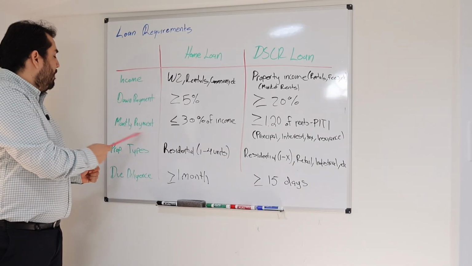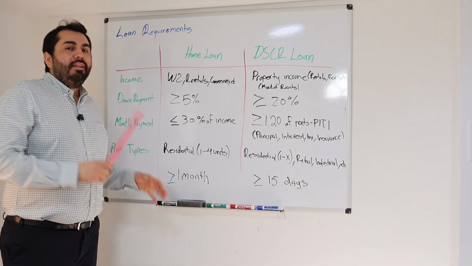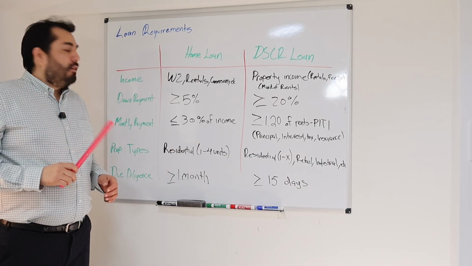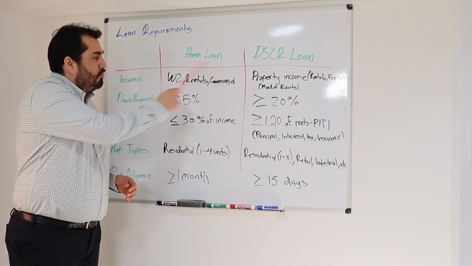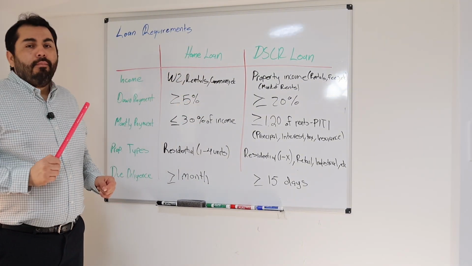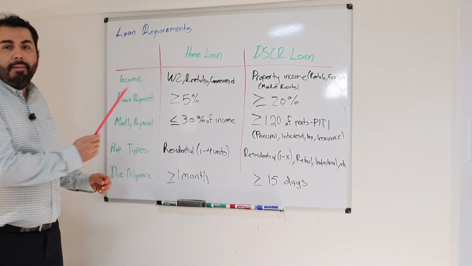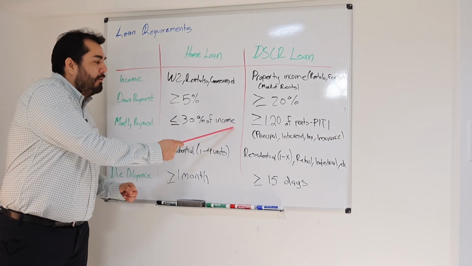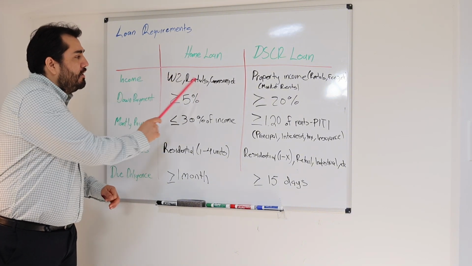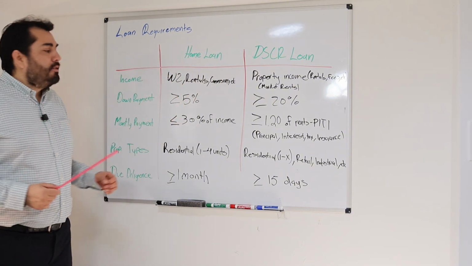Okay, for the monthly payment, usually the bank takes not more than 30% of your total income to approve your loan on this home loan. That includes your salary, your rentals, or the commissions.